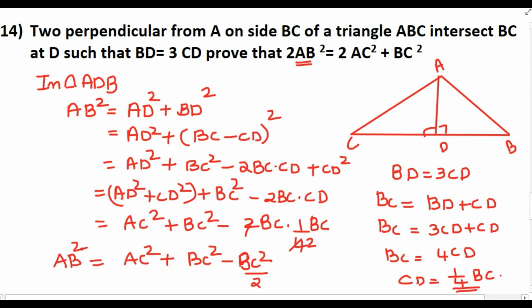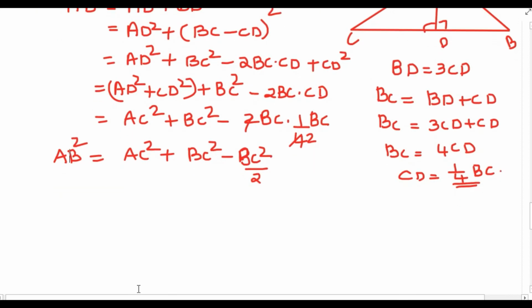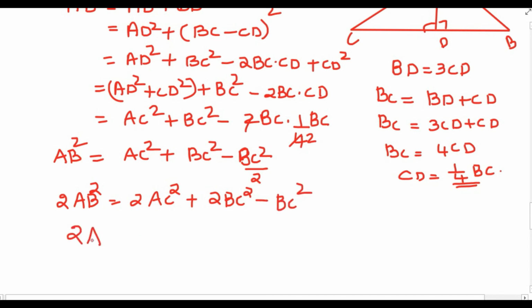Now you can take the LCM. So when you take the LCM and cross multiply, 2AB square is equal to 2AC square plus 2BC square minus BC square. So 2AB square is equal to 2AC square plus BC square.